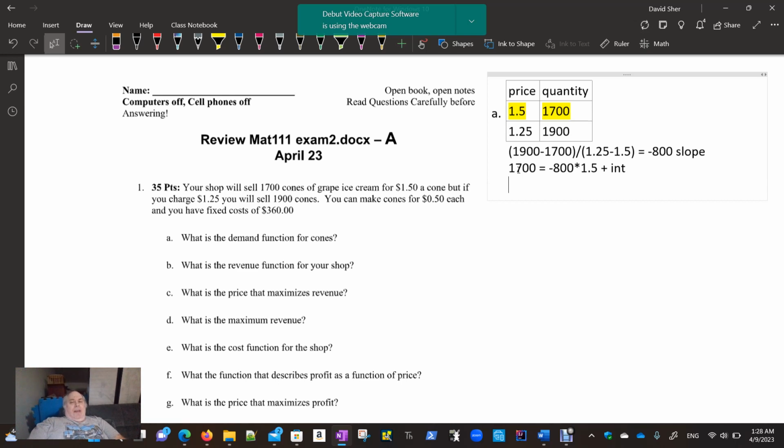And now that's going to give me, we're going to take 1700 minus negative 800 times 1.5, and that's going to be 2900 is the intercept.